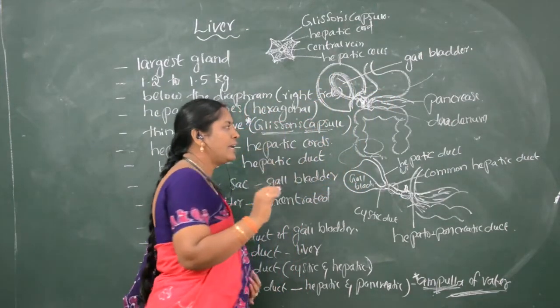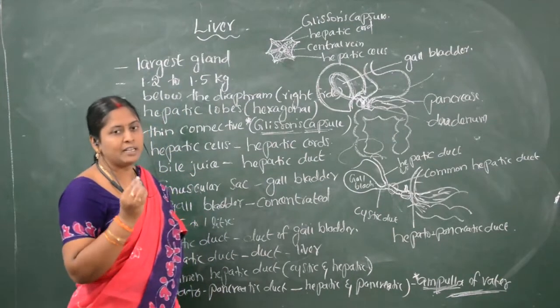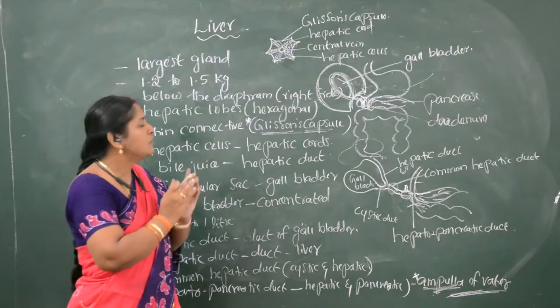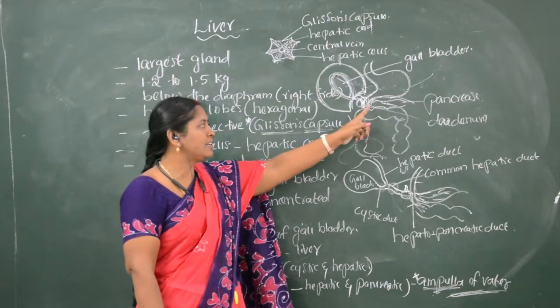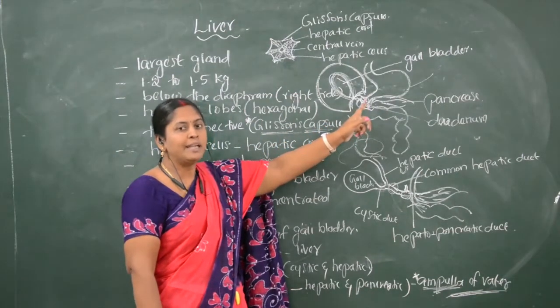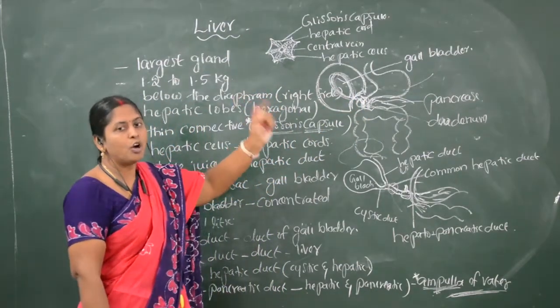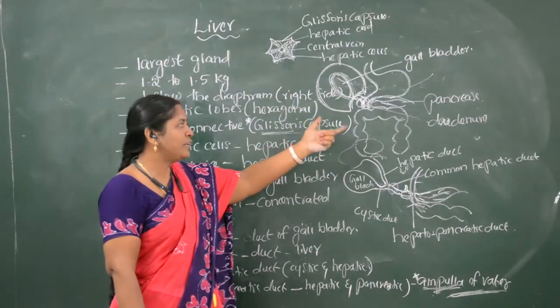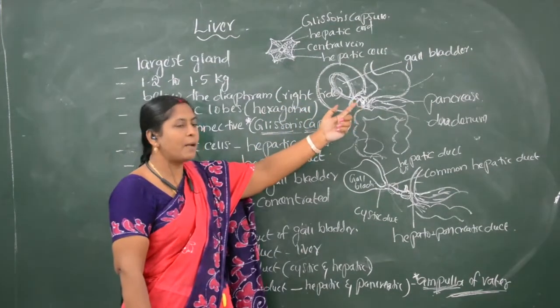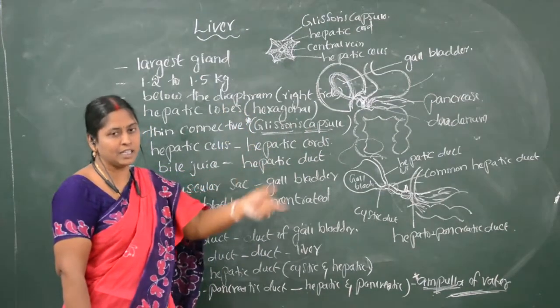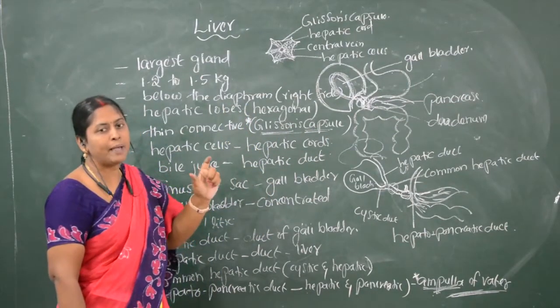The pancreatic juice enters into the duodenum through a duct called pancreatic duct. This pancreatic duct directly won't enter into the duodenum. It combines with the common hepatic duct, and both combine to form a hepatopancreatic duct.